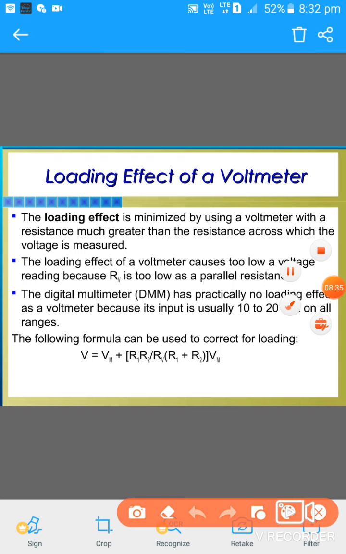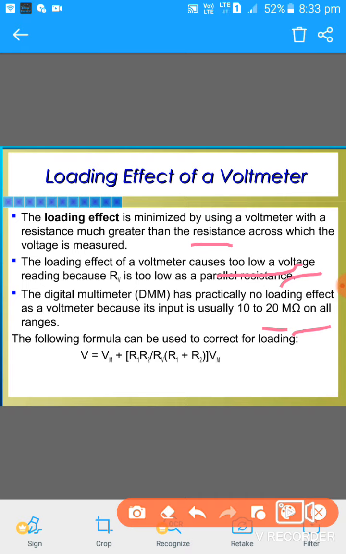Use a voltmeter with a resistance much greater than the resistance across which the voltage is measured. The loading effect of a voltmeter causes a low voltage reading because Rv is too low in parallel with the resistance. The digital multimeter has practically no loading effect as a voltmeter because its input is usually 10 to 20 megaohm on all ranges.